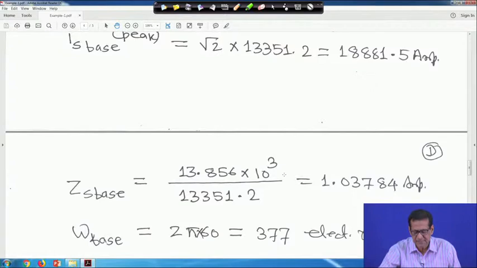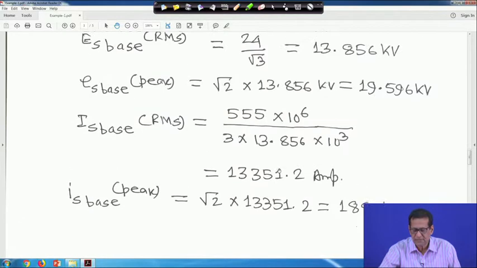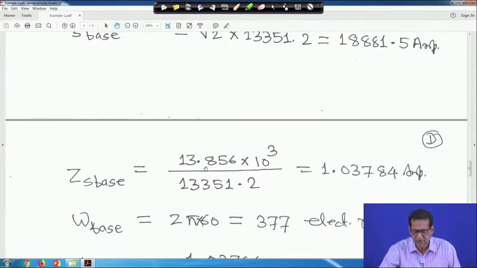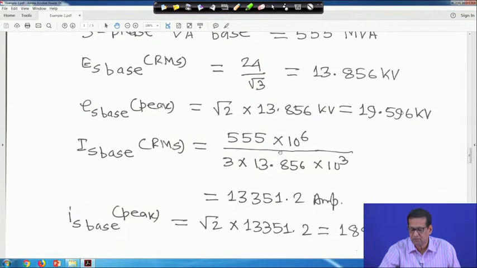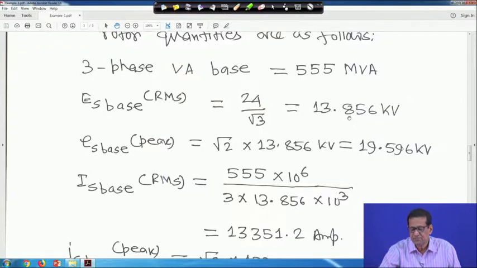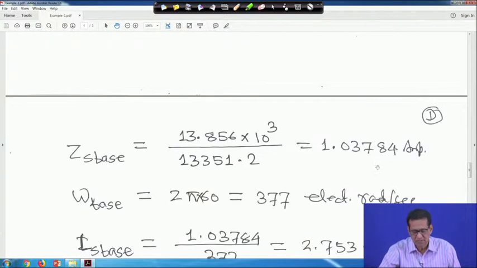Now, therefore, ZS base will be 13.856 into 10 to the power 3 divided by 13,351.2. This comes to 1.03784, and this is actually ohm.